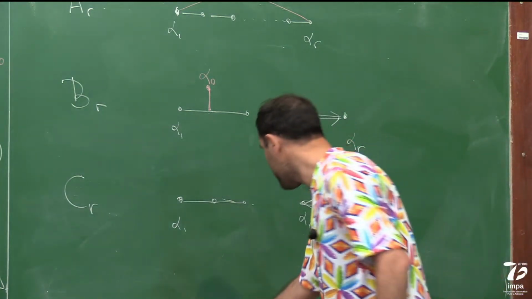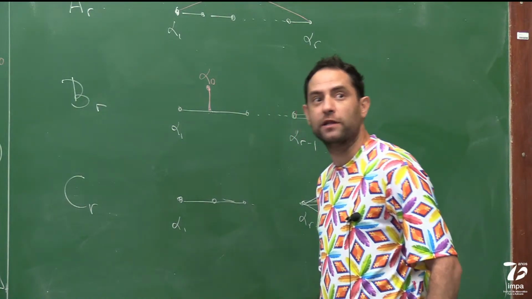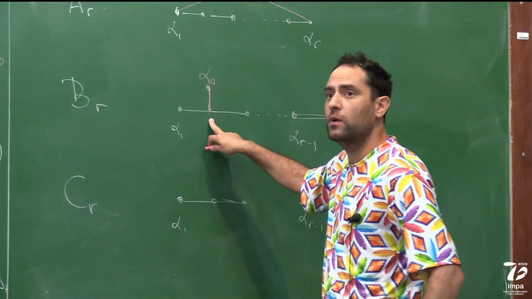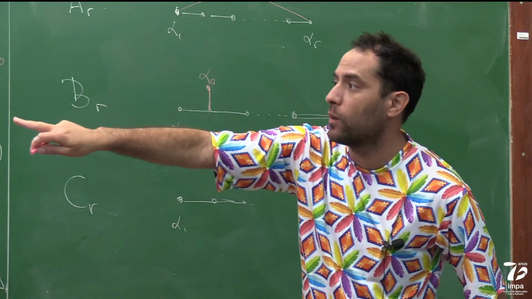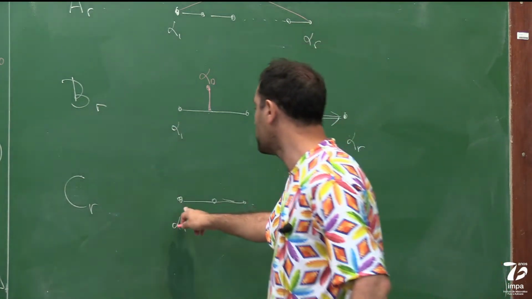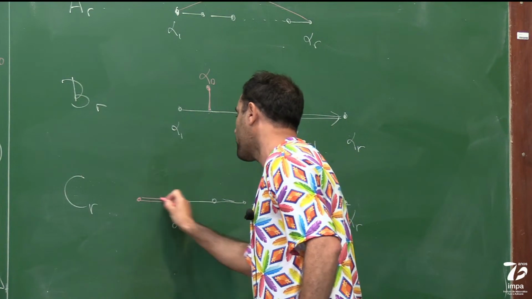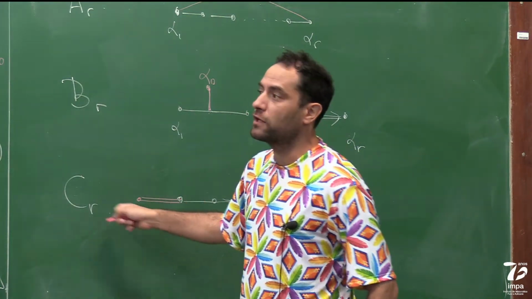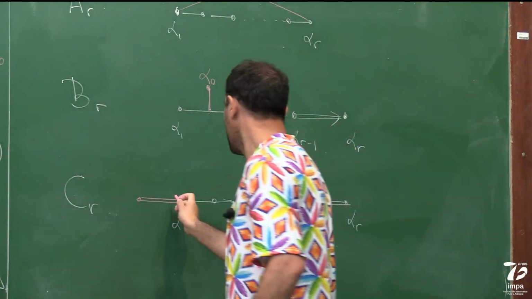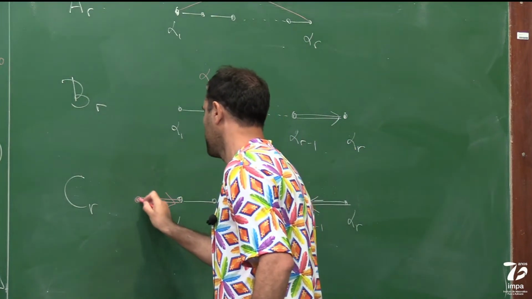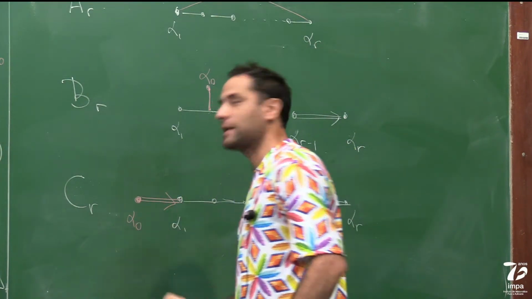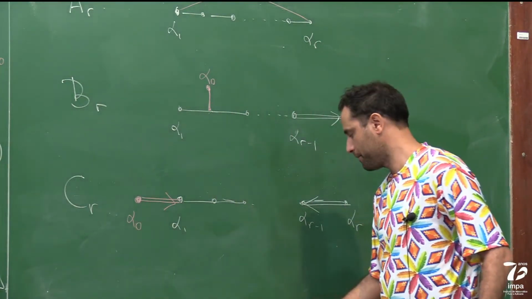And alpha 0, the extension, is actually substantially different. Before we added this extra node, now we're adding this other node, alpha 0, that connects non-trivially with this alpha 1. It has 2 arrows, and alpha 0 is larger than alpha 1, so it goes like this. So that's the extension for C r.